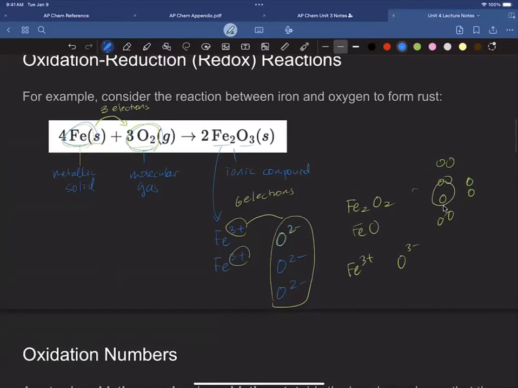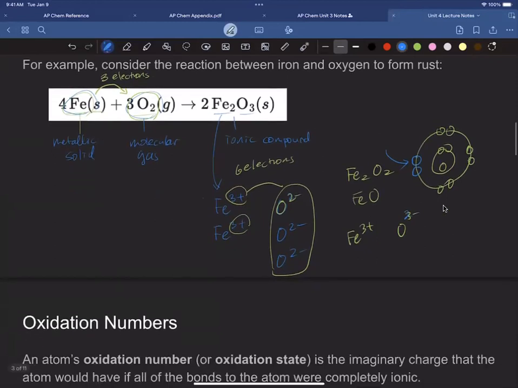So normally it can accept two in order to become a full octet. So oxygen usually accepts two electrons, right? So there are some rules that we can memorize so that we can easily remember how many electrons each atom usually takes during this redox reaction.